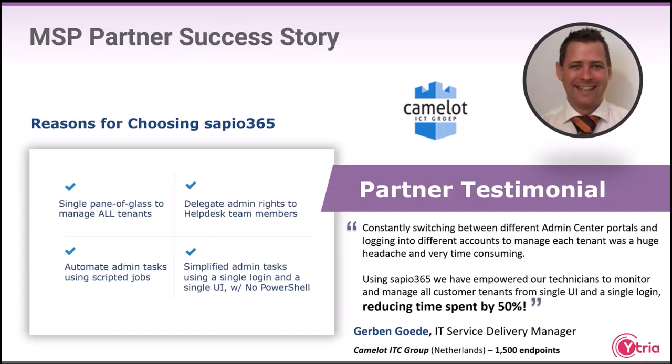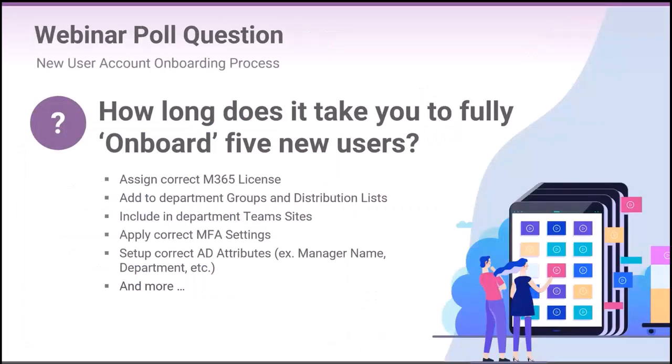So one question for everybody in here. Think about this. We're going to build this into a poll for future ones, but think about this. How long does it take for you guys currently to fully onboard 5 new users? So it's a Thursday, you've got a list of 5 new employees at one of your customers that you have to onboard.